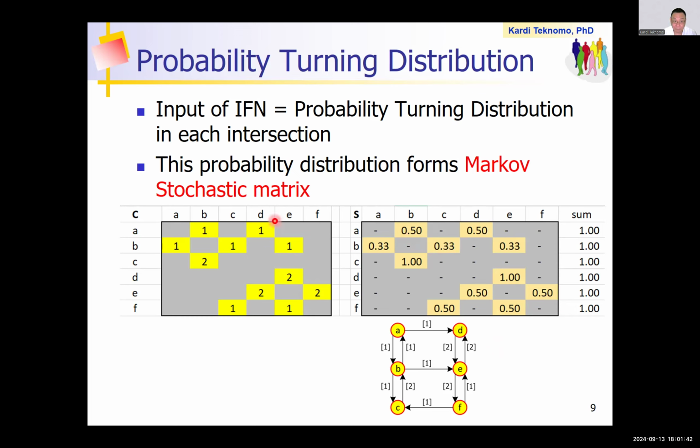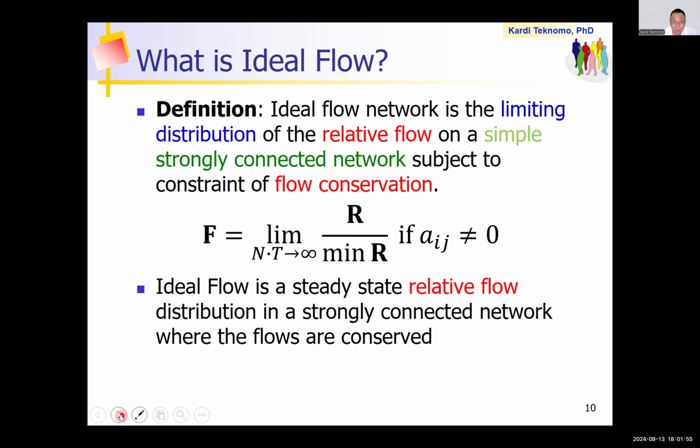So this is this simple proportional technique. We will get a Markov stochastic matrix, and from there, we can calculate ideal flow. So what is ideal flow? Ideal flow network is the limiting distribution of relative flow on a simple, strongly connected network subject to the constraint of flow conservation.